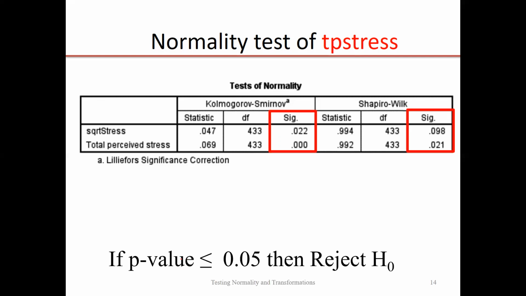We can say that according to the Shapiro test, the data of square root of stress is normally distributed. It was 0 previously, now it is 0.02. So it gives us a better option to use square root of stress as compared to stress for parametric procedures in inferential statistics.